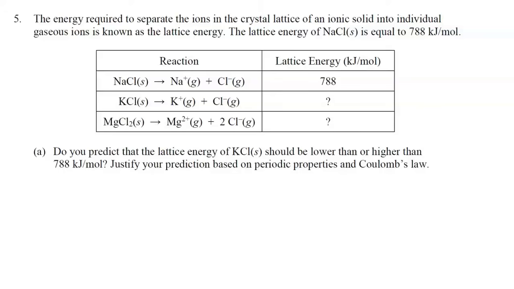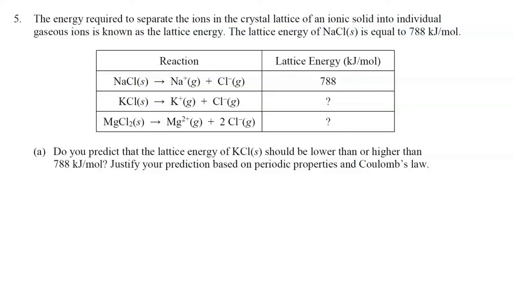The energy required to separate the ions in the crystal lattice of an ionic solid into individual gaseous ions is known as the lattice energy. The lattice energy of sodium chloride is equal to 788 kilojoules per mole. Now, in this table, we have two other compounds. They're both ionic compounds. One of them is potassium chloride, and the other is magnesium chloride.